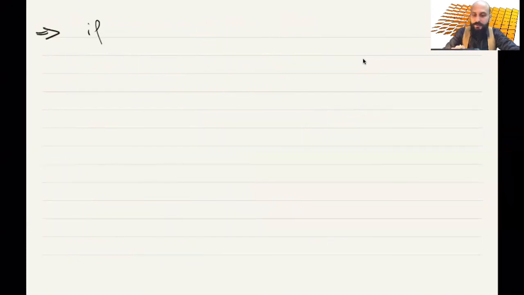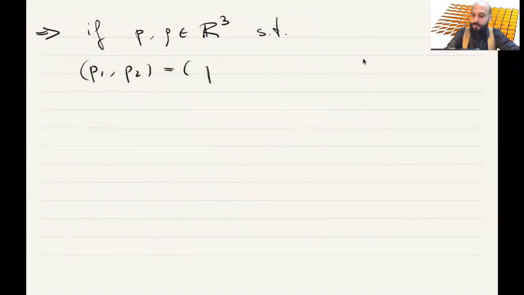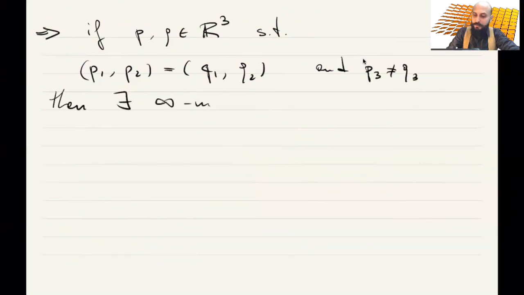So if P, Q are in R3, and they are such that they are in the same vertical line, such that P1, P2 is equal to Q1, Q2, and say that they're distinct, so P3 is different than Q3, then there exist infinitely many geodesics between them.